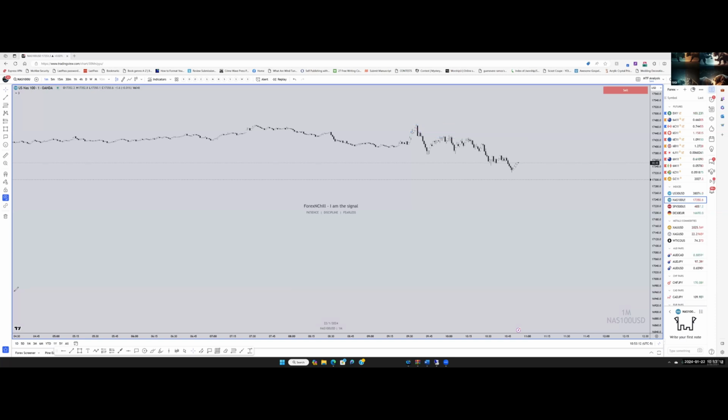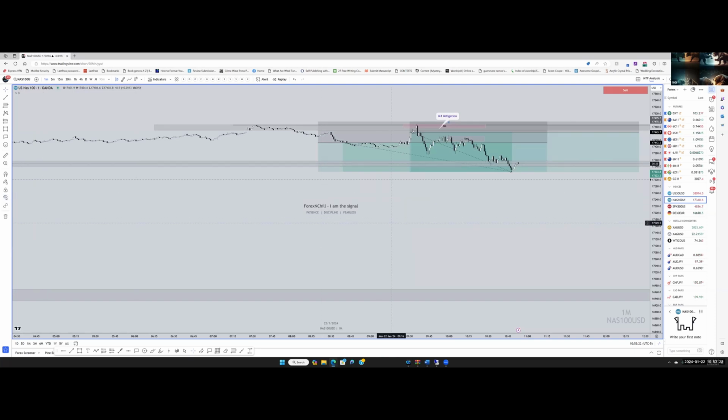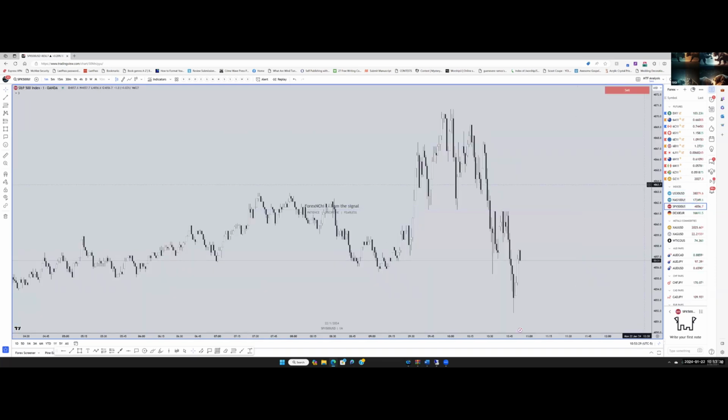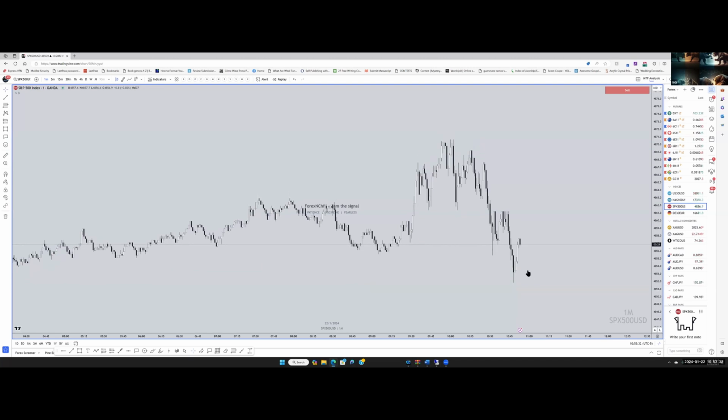So that's why I wanted to go half risk today, because we're counter trend trading a very bullish market. It's an election year, all that good stuff. I didn't even look at US 30 because NAS set up first and it was cleaner. S&P 500 basically moves a lot like NAS.